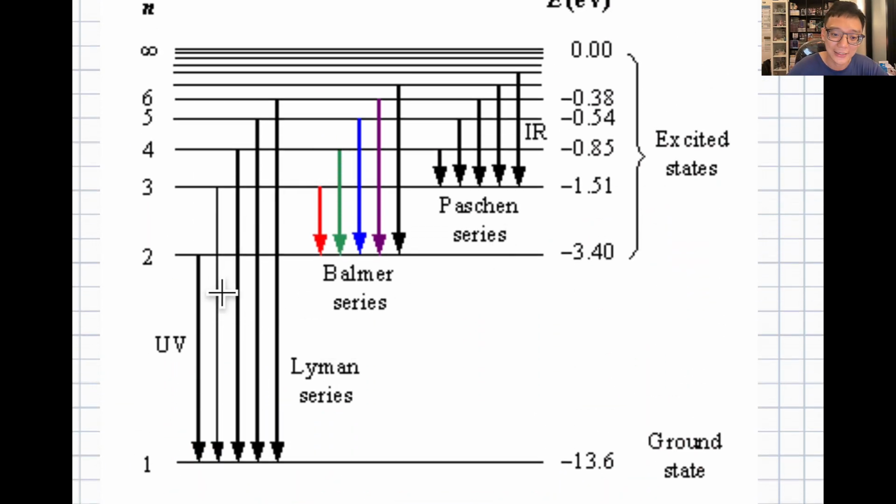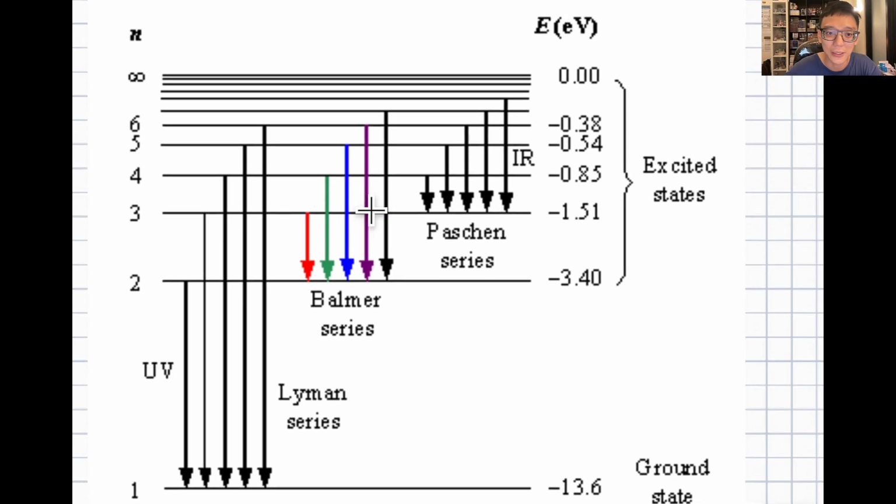So let's say initially your electron is on the first shell, then it goes to the fourth shell, and then it goes back only to the second orbit. It can do that. It can also go all the way back to the first shell.